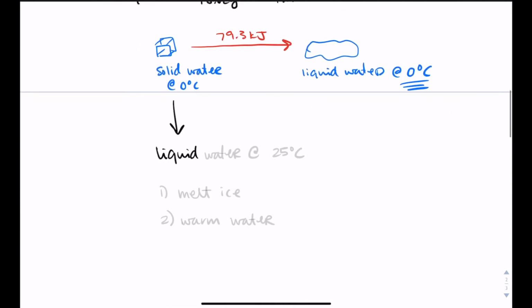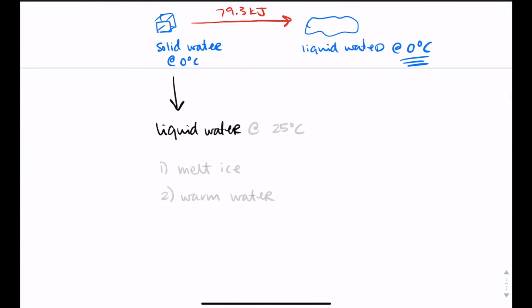So let's say that I wanted to go from solid water at 0 degrees to liquid water at room temperature. First, I have to put in the amount of heat needed to melt the ice. Then I have to put in the amount of heat needed to warm the water. And you will see many more stepwise problems like this as we go into other examples.